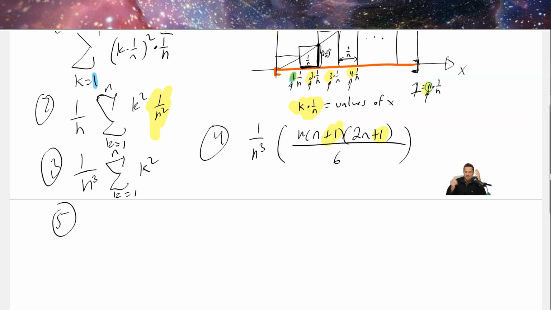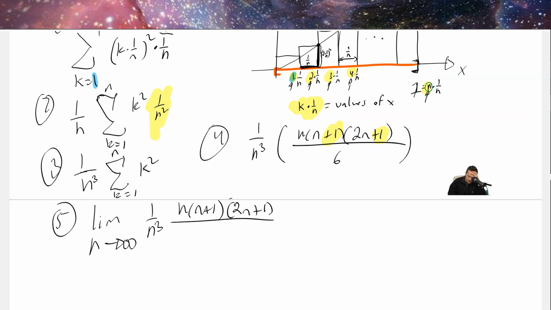So I'm going to have this now. Take a look. The limit as n approaches positive infinity of 1 over n cubed, and then n times n plus 1, and then 2n plus 1 over 6. To simplify this, it's true that you could FOIL across the top, combine like terms. You can do all of that. It's all true. But to save some time, I'm going to do it as 1 over n cubed.